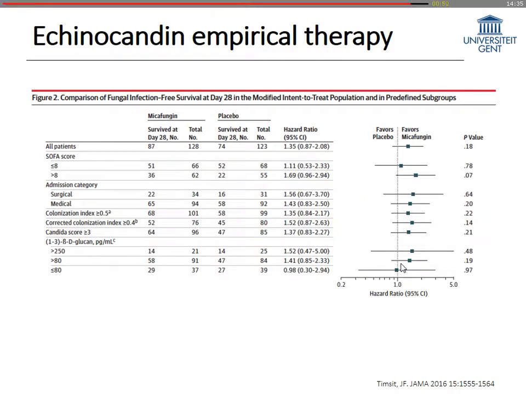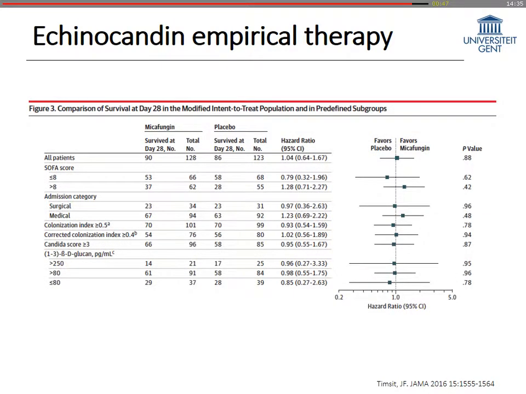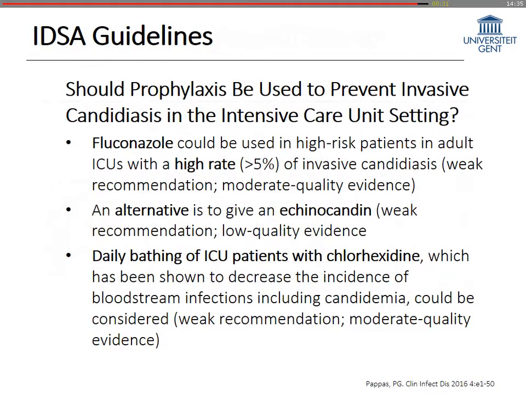None of them in these different subcategories had a better outcome. There was a difference though in the fungal infection rate itself, but apparently it didn't impact mortality, and therefore the primary endpoint was not reached.